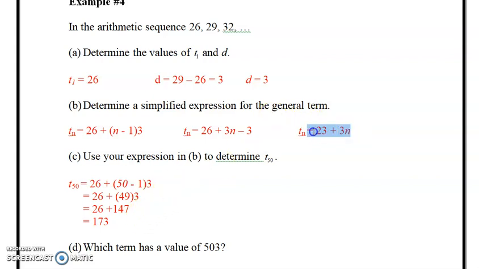Or we can use the simplified formula for the general term, which is t sub n is 23 plus 3n, or you could rearrange that as 3n plus 23. It does not make any difference. That equals 23 plus 3 multiplied by 50, which would equal 23 plus 150, which is equal to 173.